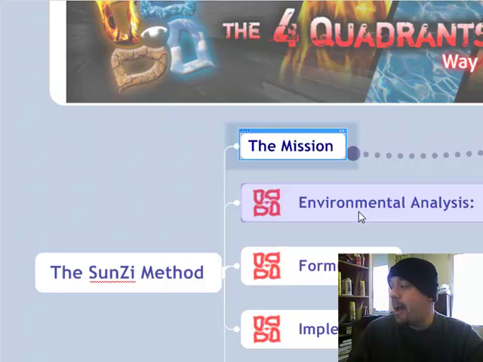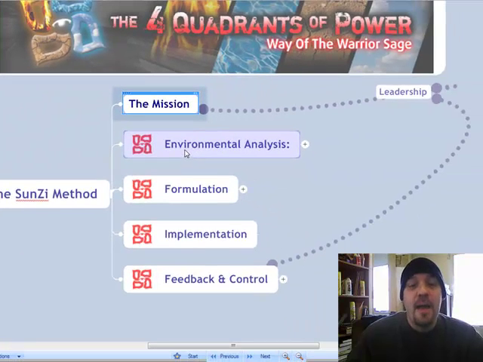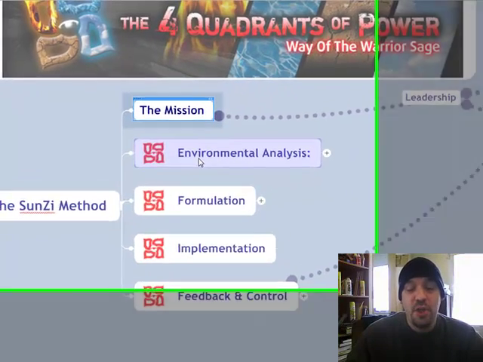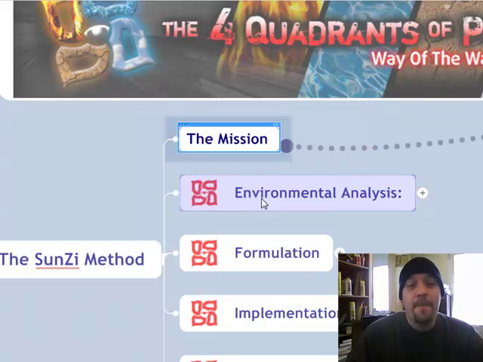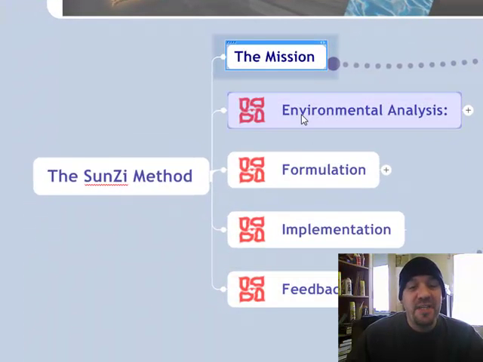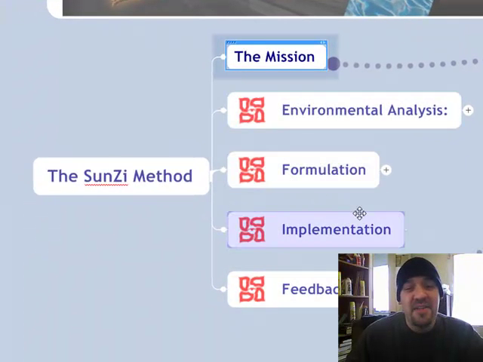Obviously, there are different things that he talks about in The Art of War that you might want to pay attention to. There are nuances and subtleties that you'll want to pay attention to and really learn and focus on. But all in all, Sun Tzu and The Art of War really boils down to this basic 4-step process of environmental analysis, formulation, implementation, and then feedback and control.